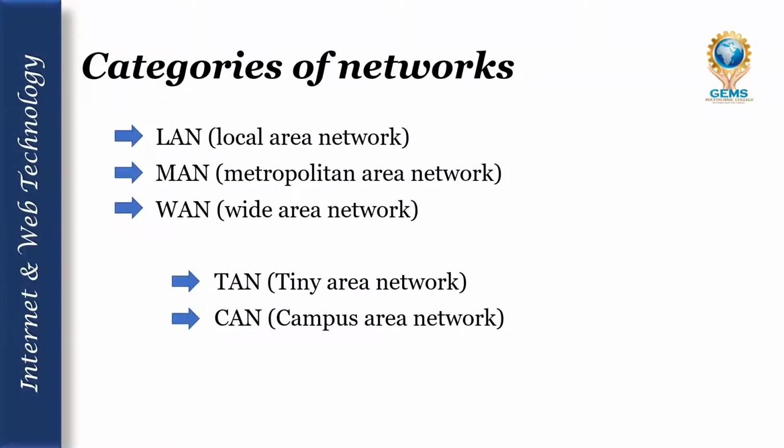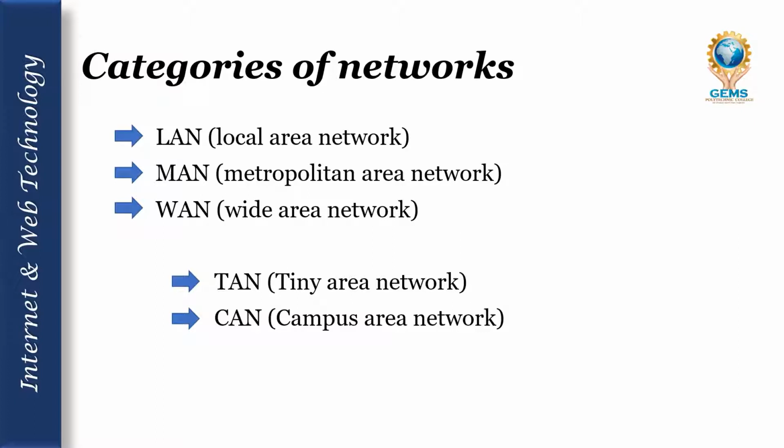Next, an important topic of this subject: categories or types of networks. First one is local area network, LAN. Second one is metropolitan area network, MAN. Third one is wide area network, WAN.